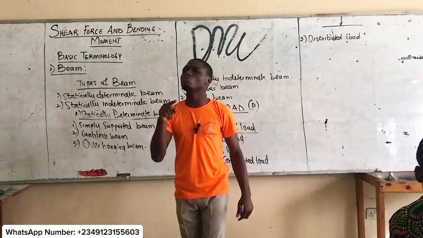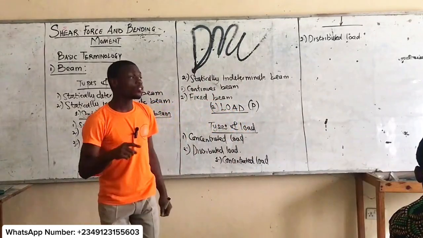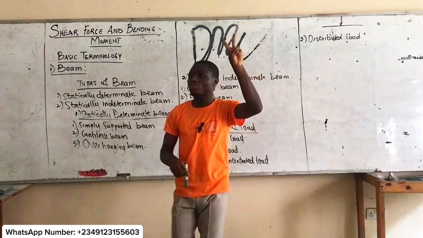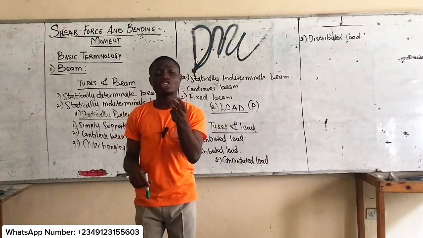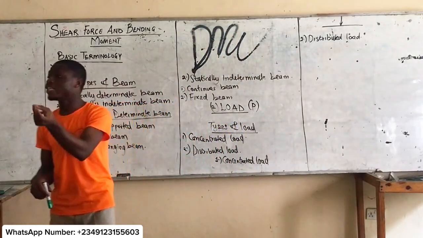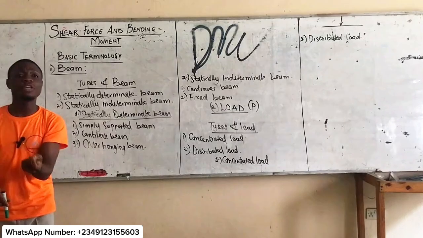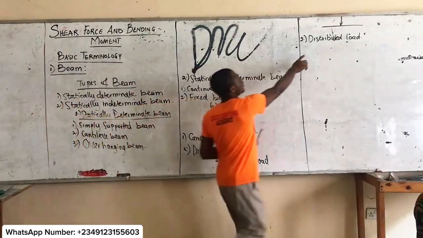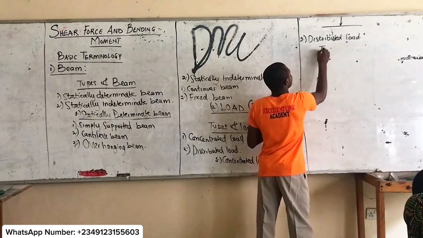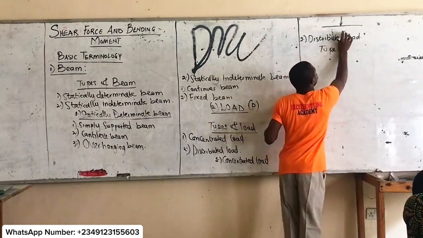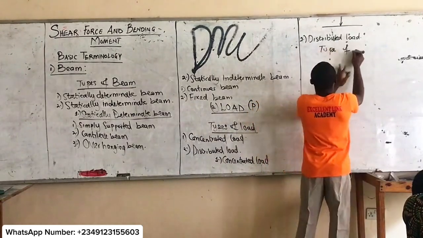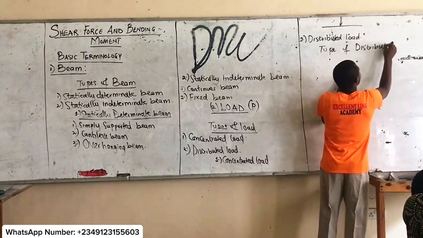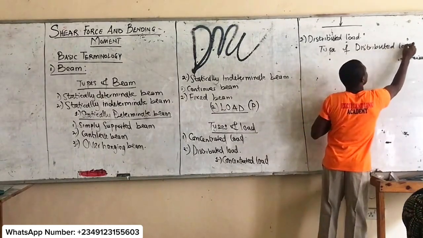Now when it comes to the load, there are 2 types of distributed load. We have what we call the uniformly distributed load, that's UDL, and we have uniformly varying load, that's UVL. So, types of distributed load.